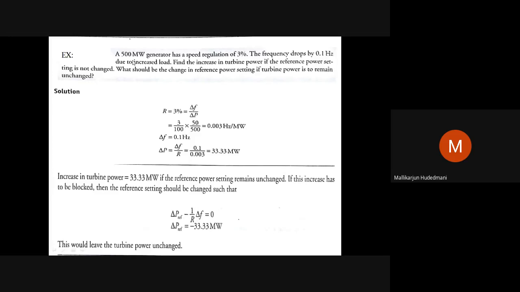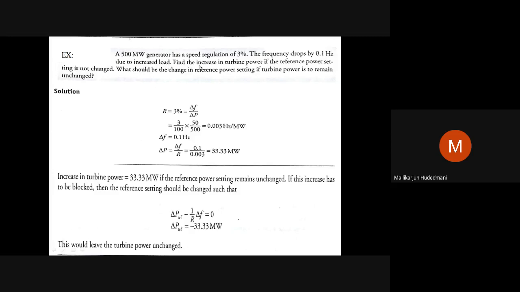This example shows a 500 megawatt generator with a speed regulation of 3%. The capacity of the generator and the droop nature are given. The frequency drops by 0.1 hertz due to increased load. Delta F is given: the drop in frequency is 0.1 hertz due to change in load.